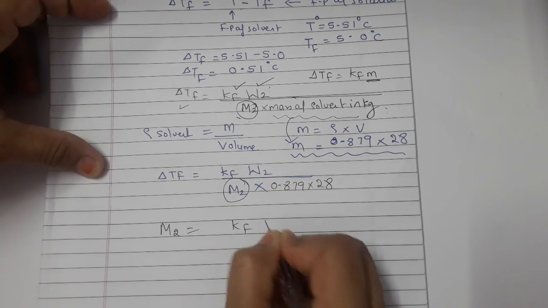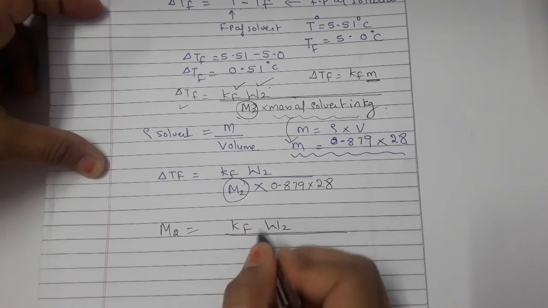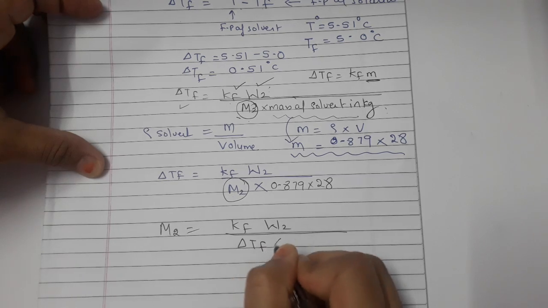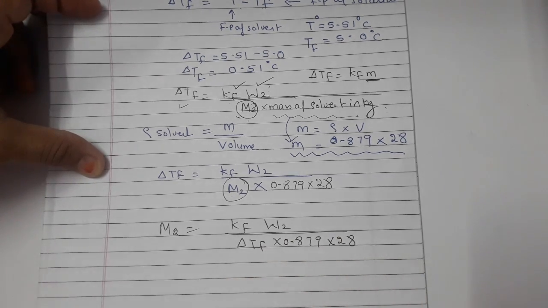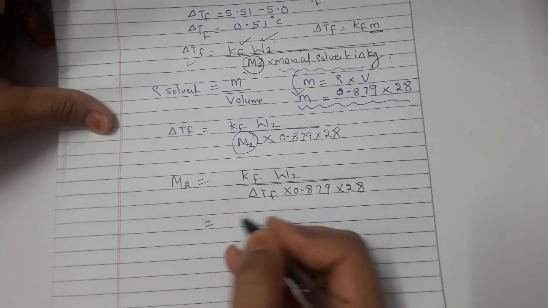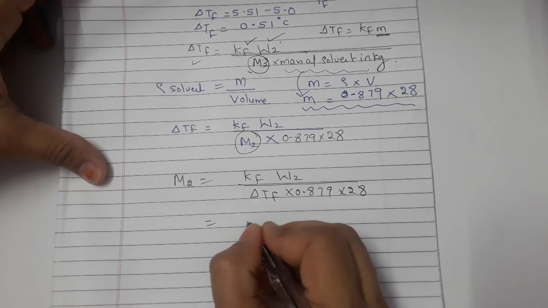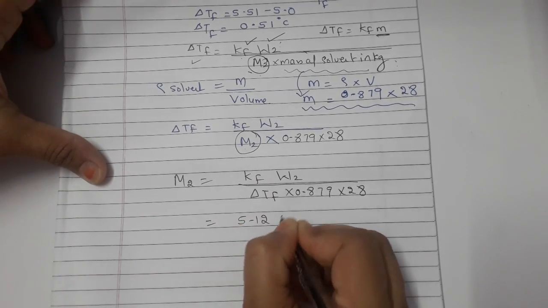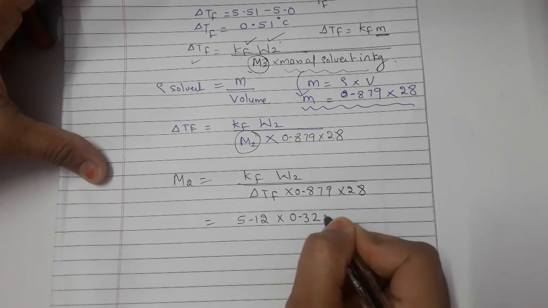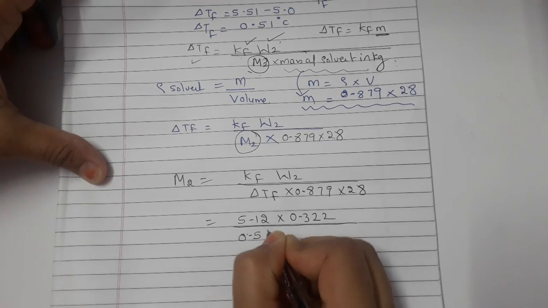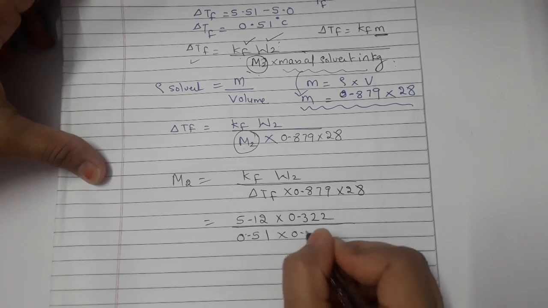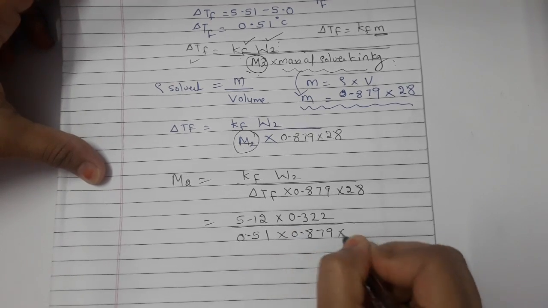So you will get Kf into W2 upon delta Tf into 0.879 into 28. Now I will substitute the values. Kf is given 5.12, W2 is 0.322 upon delta Tf we have solved 0.51, and the rest I just copy as it is.